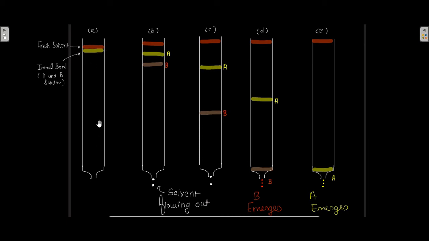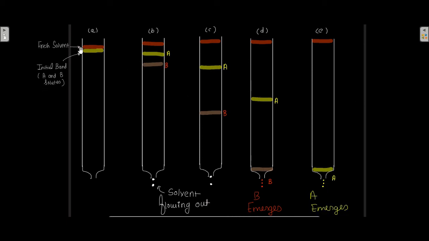After some time you will observe that solute B is moving at a faster rate compared to solute A. After a particular time, solute B will elute first, and after that solute A is also going to emerge. So this is how chromatography takes place.